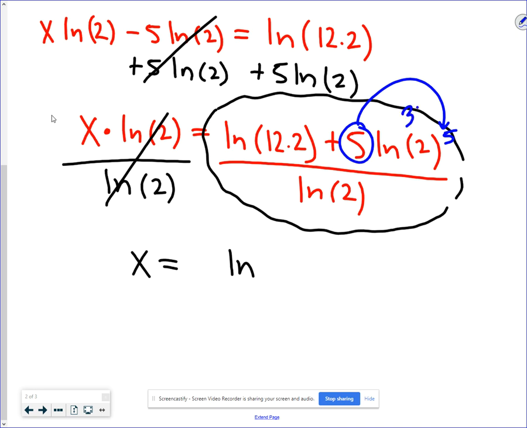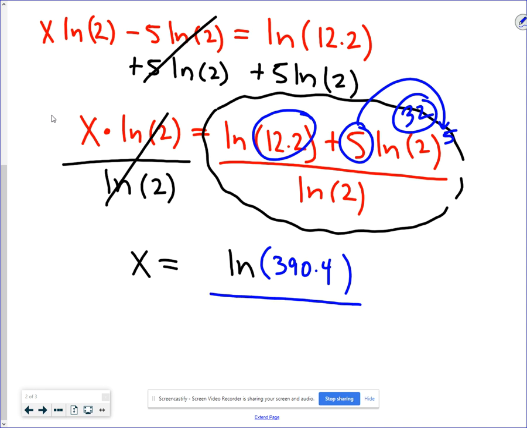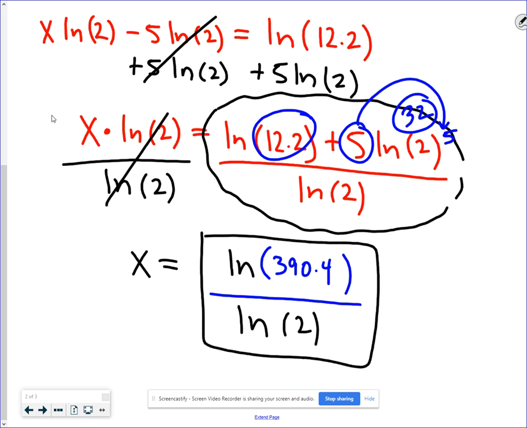So this would be 32 times 12.2. If I take 12.2 times 32, we get 390.4. And then on the bottom, it's already a single logarithm, so we're just going to leave that alone. So this is your exact answer.